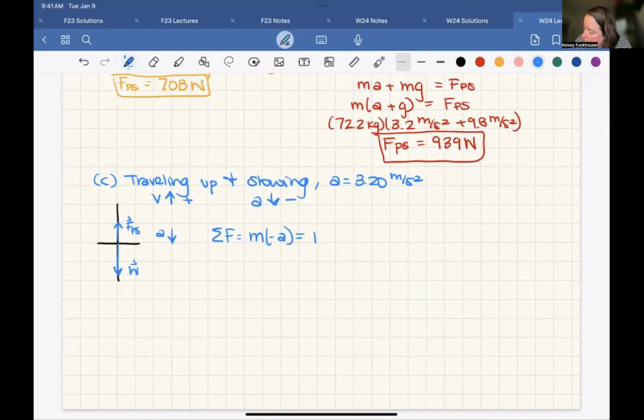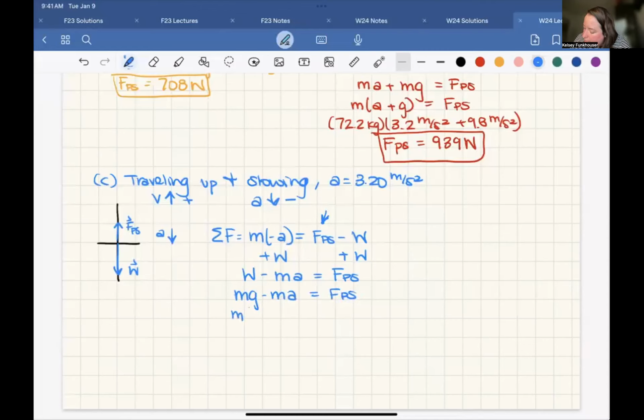And then we have the force that's in the positive y minus the force in the negative y direction. And we still want this force, so we'll just add the weight to both sides, and we end up with the weight minus mass times acceleration equals the force, and that is mg minus ma equals the force.